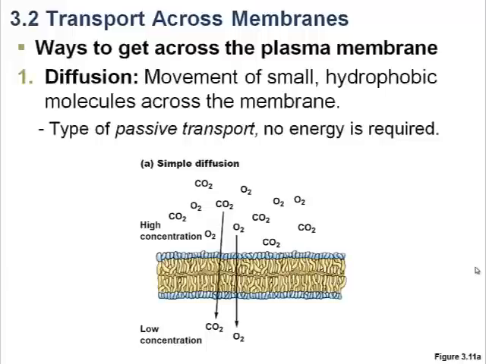The first way that we're going to talk about that allows substances to move across the plasma membrane is diffusion. Diffusion is very simply the movement of small particles from an area of high concentration to low concentration. Diffusion can be very conveniently illustrated by imagining a glass of water, and into that glass of water you place a single drop of food coloring.